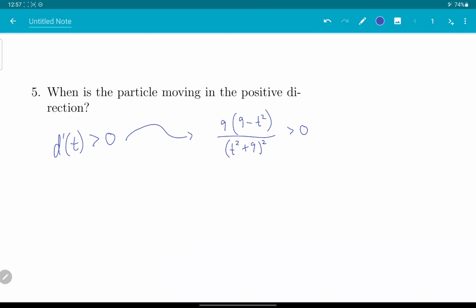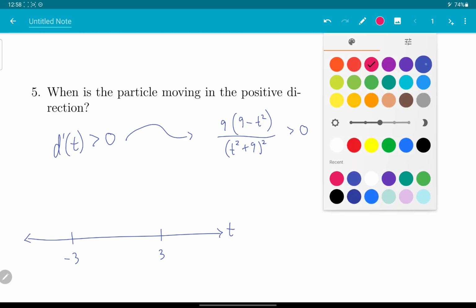So what I usually do is I use what's called a number line for t. And I say minus 3 is on there, and plus 3 is on there. These are the t values at which I know this equals 0. And those are the only ones. So all I need to do is classify the remaining intervals.